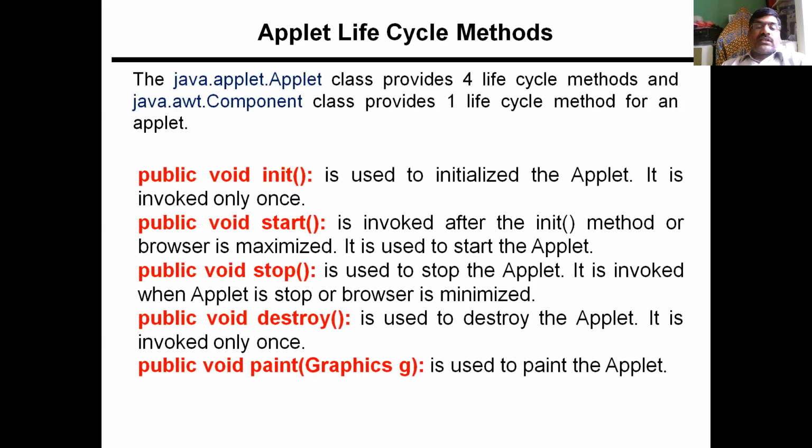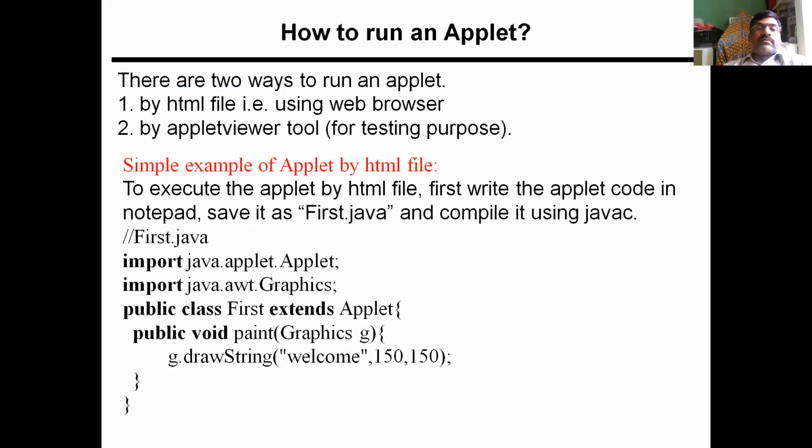Public void destroy is used to destroy the applet and is invoked only once. And coming to this important lifecycle method, public void paint, which takes a Graphics object as an argument, this method is used to paint the applet. That means the task the applet has to do, we will implement within this paint method.